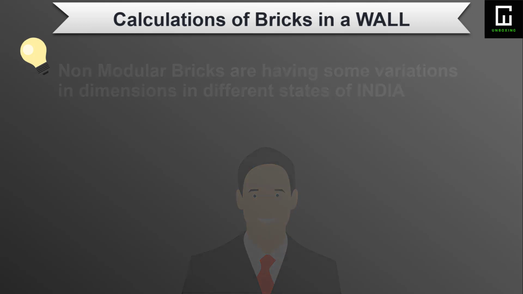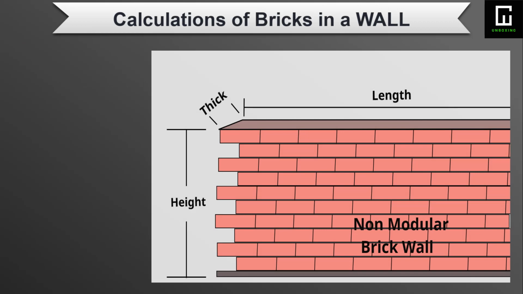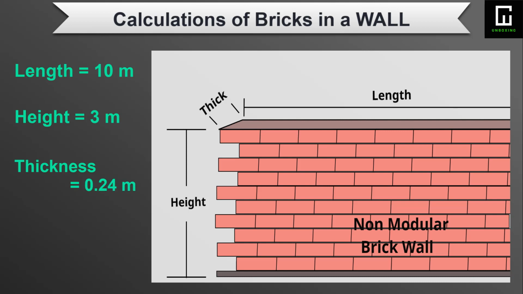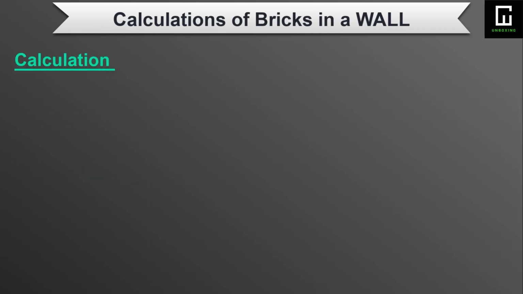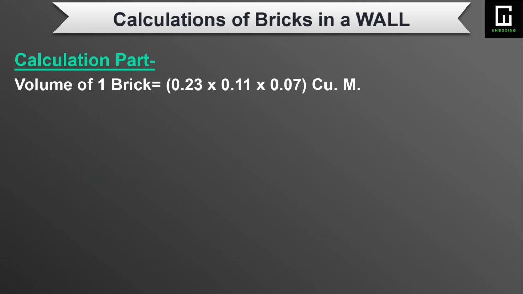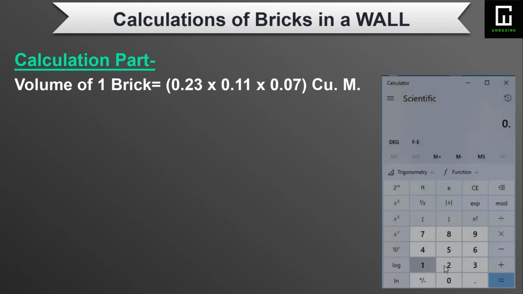For example, we have a wall of length 10 meters, height of 3 meters and a thickness of 240 mm. So let's calculate the volume of one non-modular brick by multiplying the dimensions 0.23 into 0.11 into 0.07 m3.